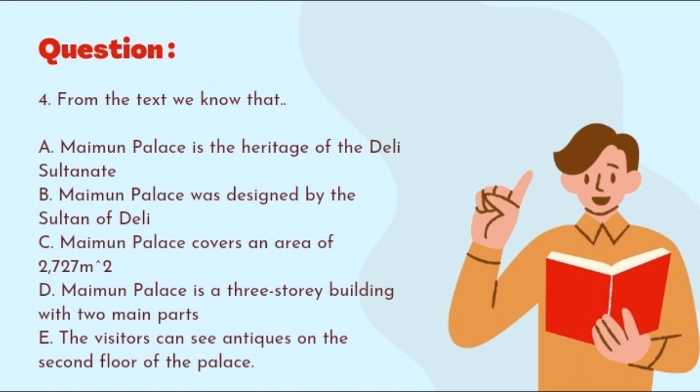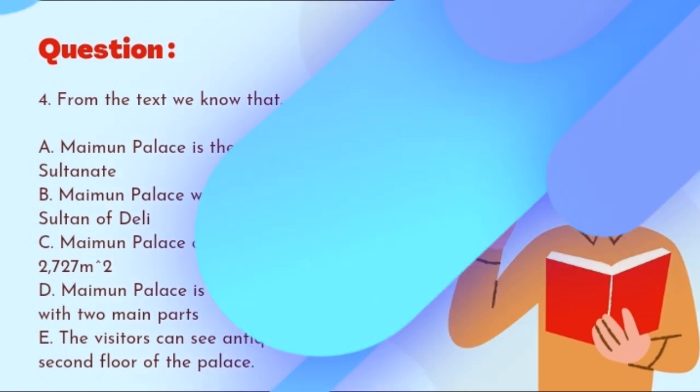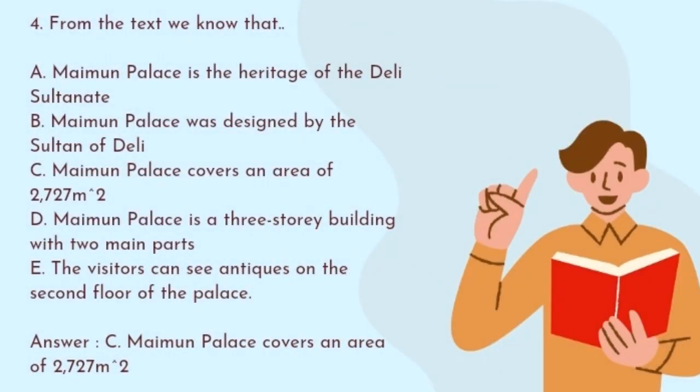D. Maimun Palace is a 3-story building with 2 main parts. E. The visitors can see antiques on the 2nd floor of the palace. And the answer is C. Maimun Palace covers an area of 2,727 meters square.